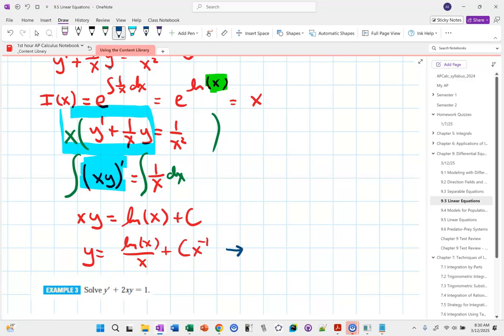All right, so that initial condition was y of 1 is equal to 2. The natural log of 1 is 0. So we just have that C is equal to 2 then, right?